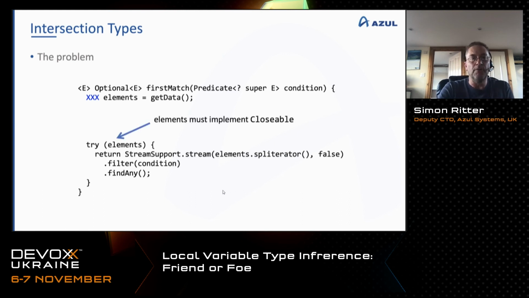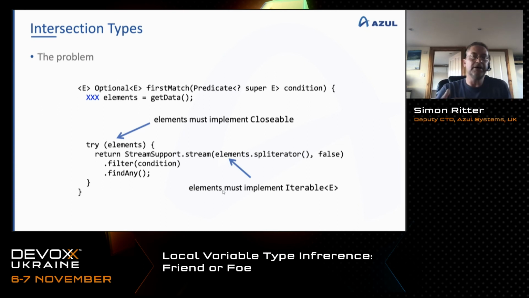So we run into the problem that we need elements to implement Closeable in order to work with the try-with-resources block, and we need elements to implement Iterable of type E in order to work with the spliterator in our stream. But we've got no way of defining a type simply for elements.